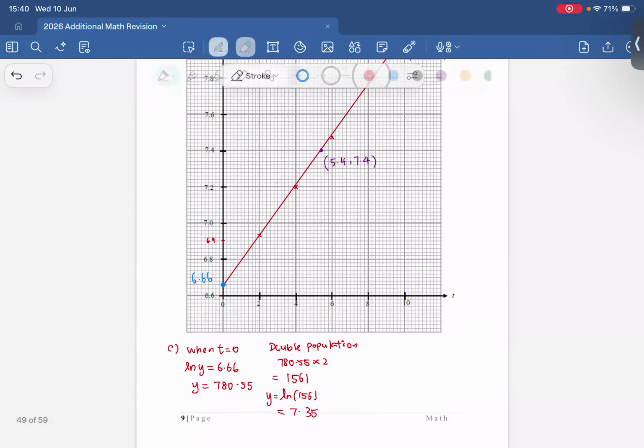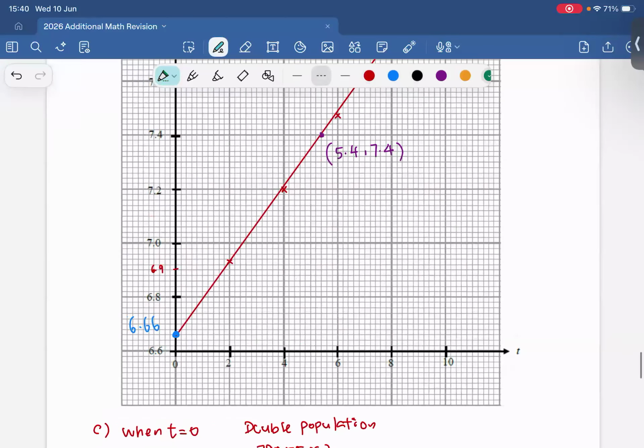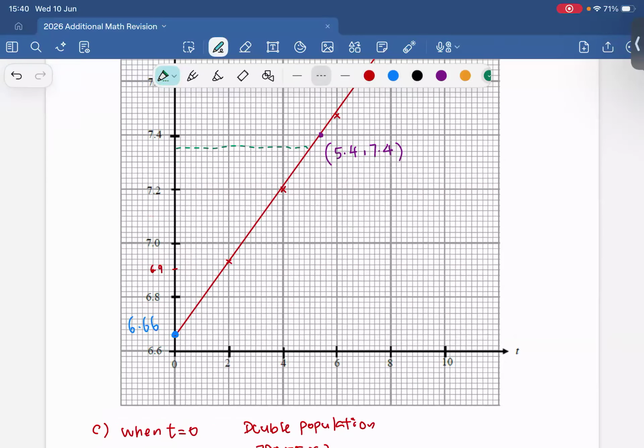So we read from 7.35. Where's 7.35? So we read from 7.35. We get 5 exactly.